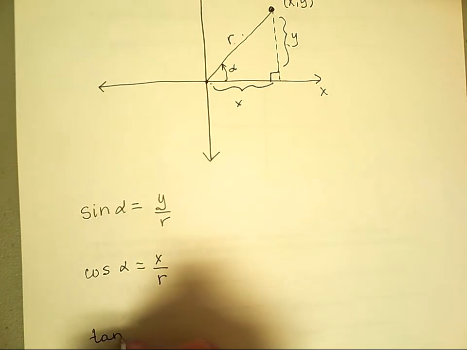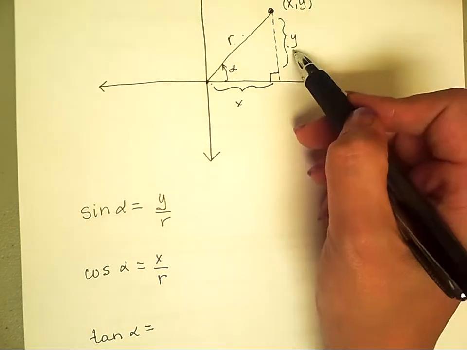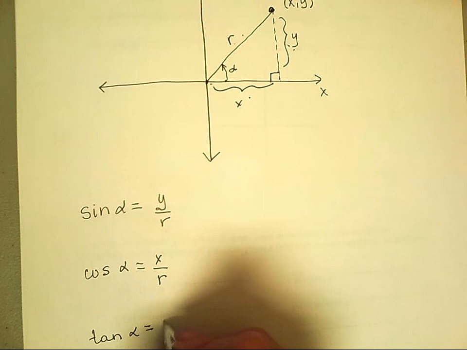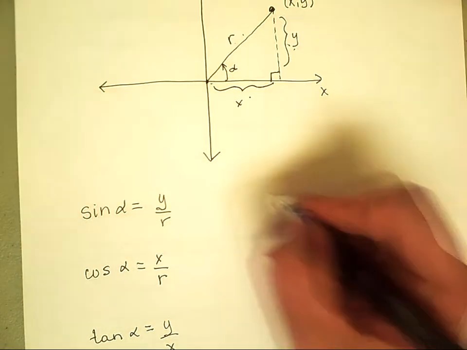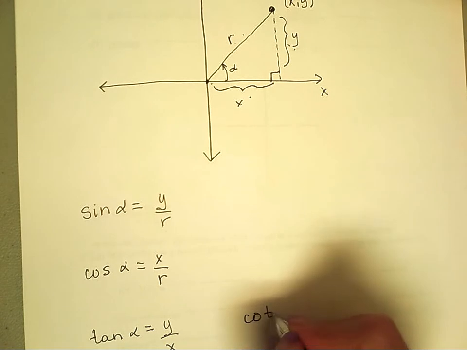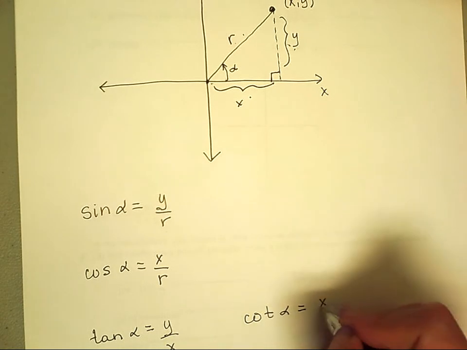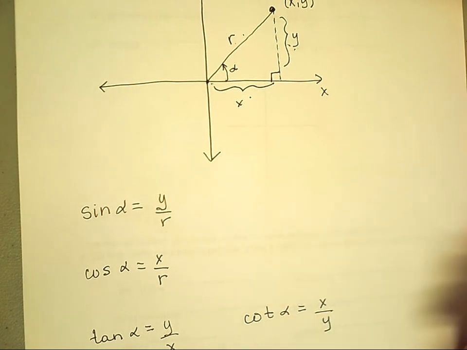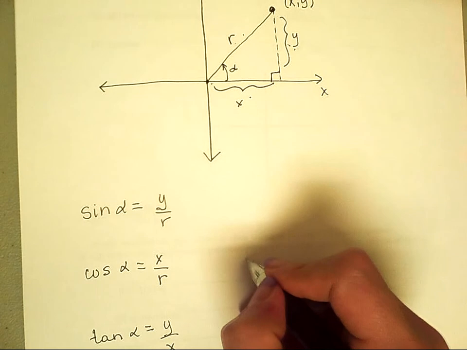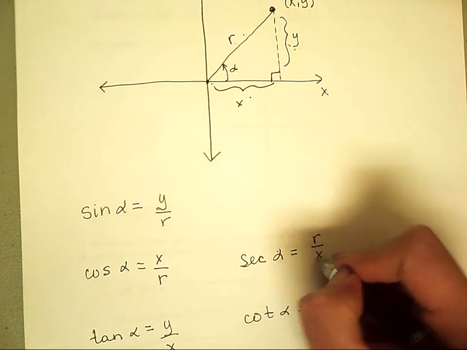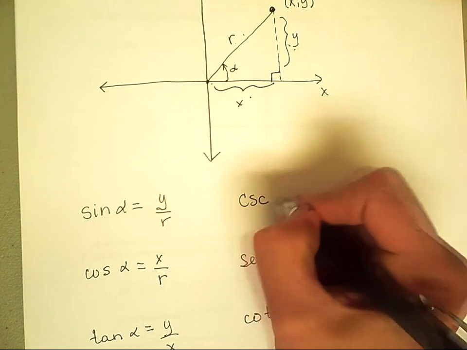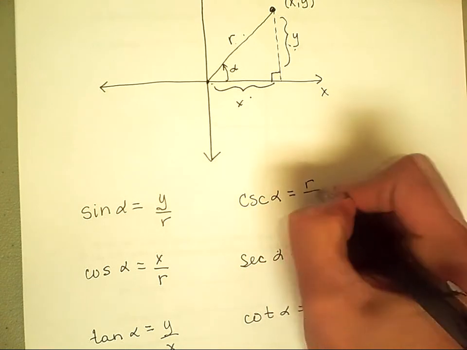The tangent of alpha has to be the opposite over the adjacent, which is y over x. And then we can do the other functions. The cotangent of alpha is the reciprocal, x over y. The secant of alpha is r over x. And the cosecant of alpha is r over y.